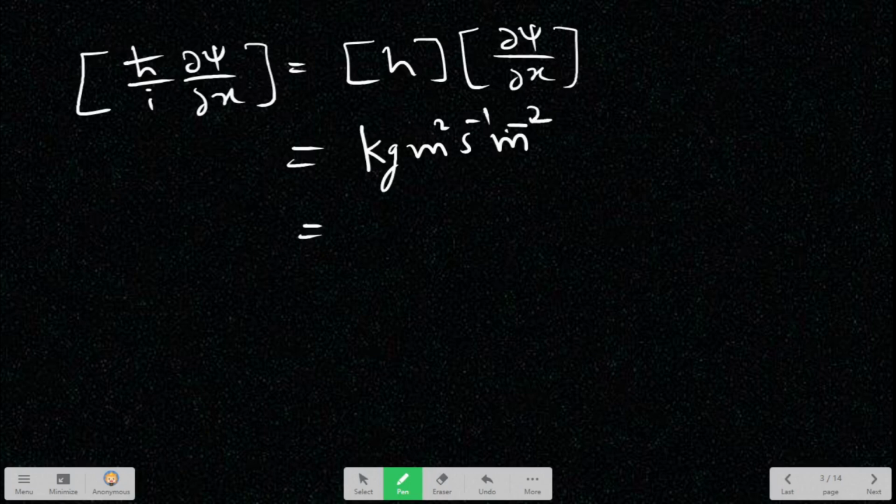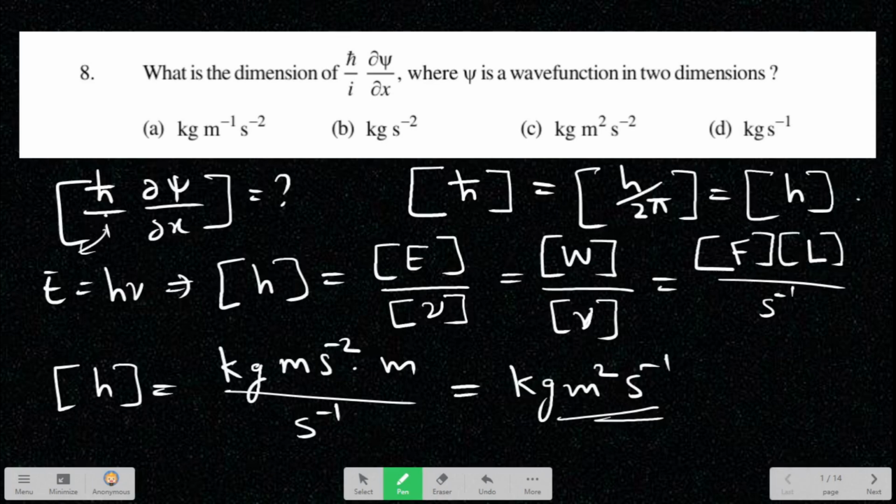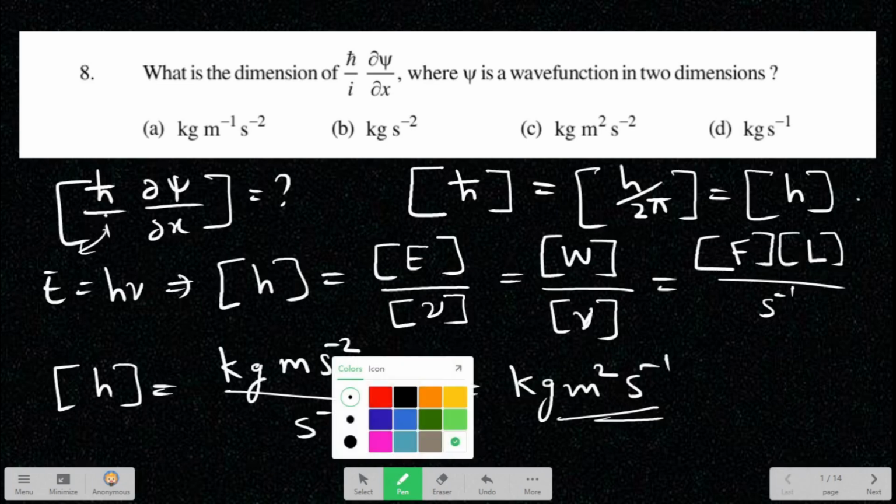Therefore the dimension of h cut by i del psi by del x will be equal to kilogram per second. So the correct option is option D. Kilogram per second is the correct answer.